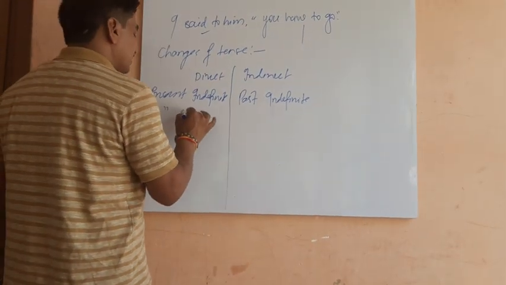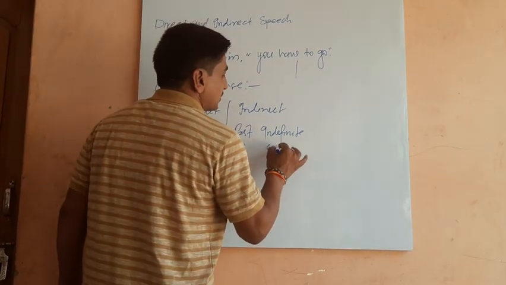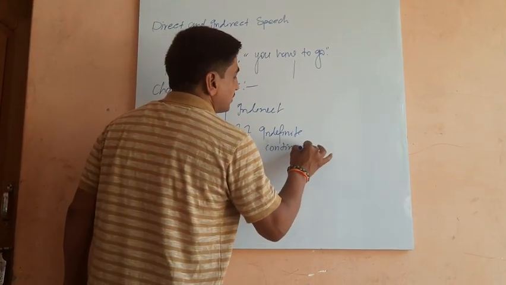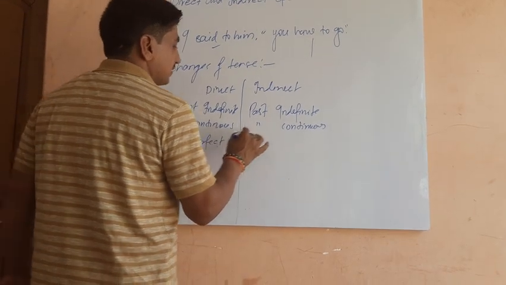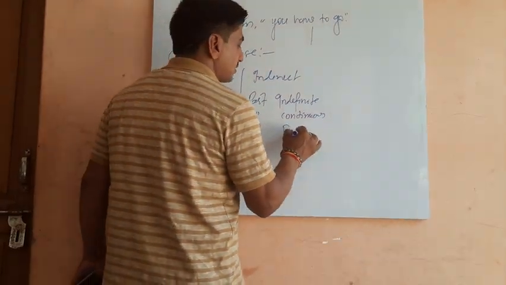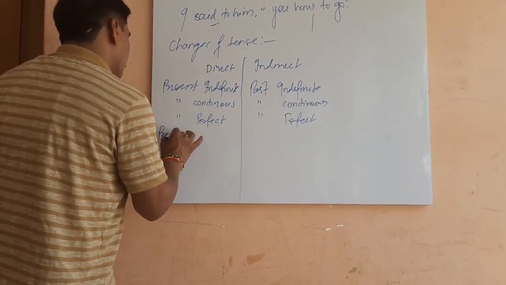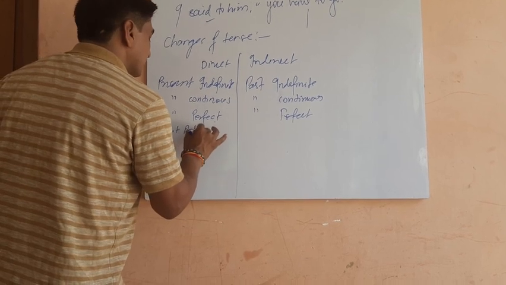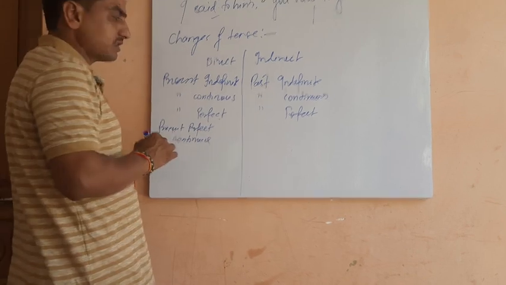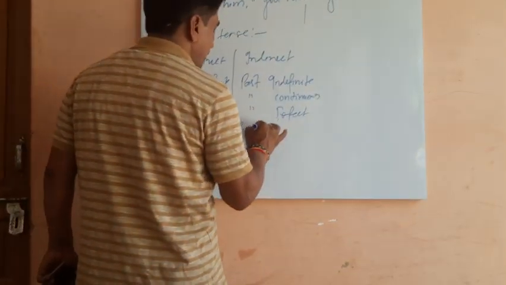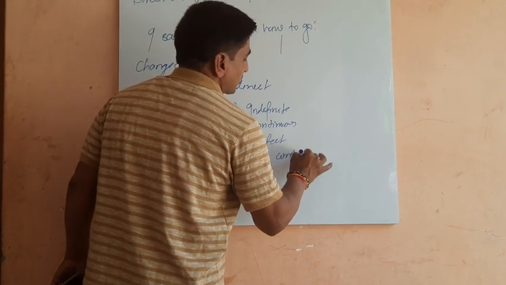If present continuous is there, that will be changing to past continuous. If present perfect is there, that will be changing to past perfect. If present perfect continuous is there, that will be changing to past perfect continuous.